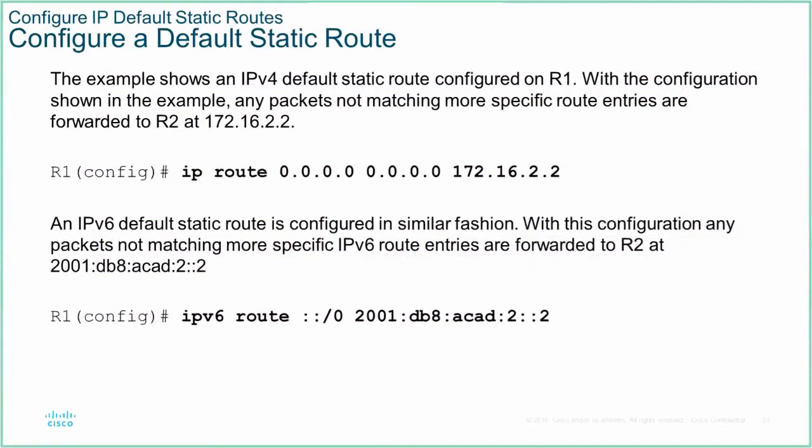So here we have examples of it. So on router 1, we say IP route quad 0, connect to 172.16.2.2, which is router 2. Rinse and repeat format for IPv6.